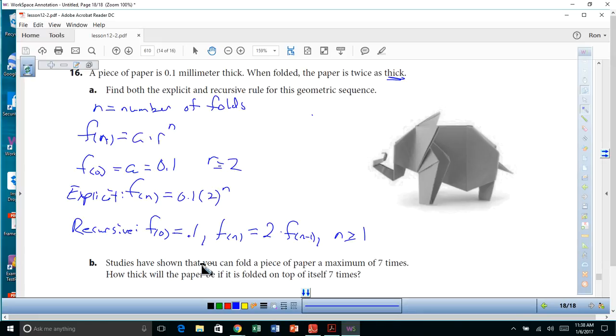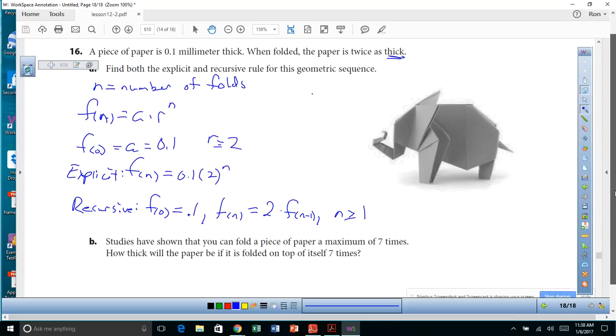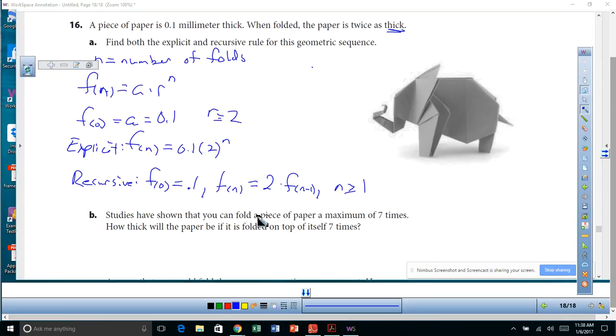All right. Studies have shown that you can fold a piece of paper a maximum of 7 times. How thick will the paper be if it is folded on top of itself 7 times?